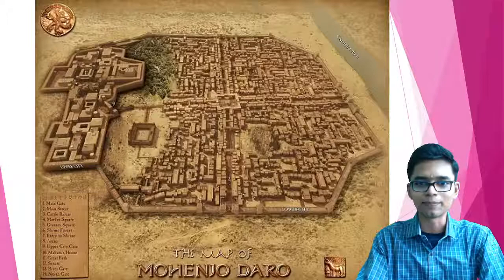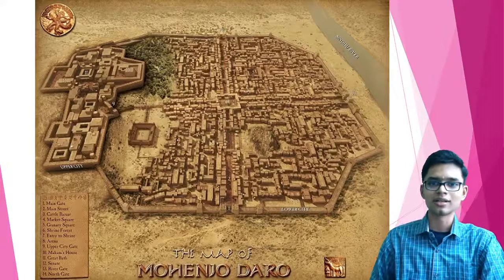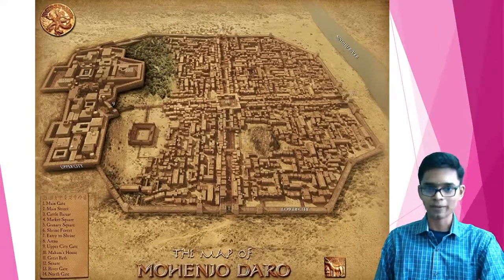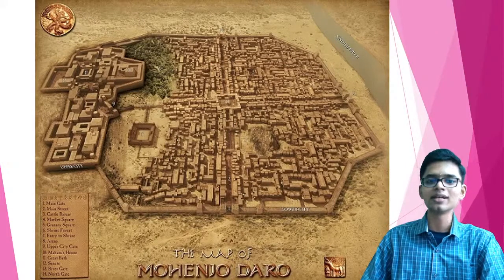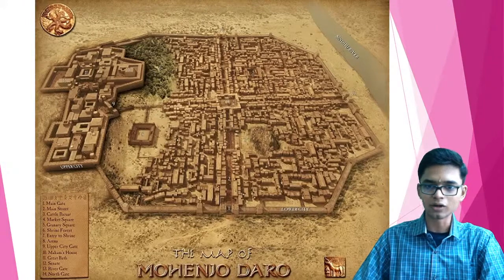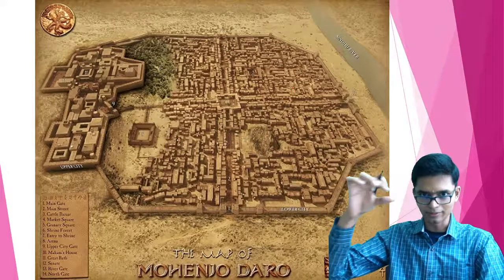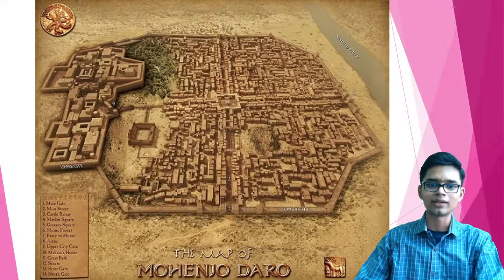Okay, I will show you another picture, again from the film Mohenjo-daro, one of its posters. You can take a closer look at it when you get time. But just look at this planning of the city. If you look at it closely, you will understand that all these buildings are arranged in a proper line structure. It is not scrambled here and there, but there is a proper line.